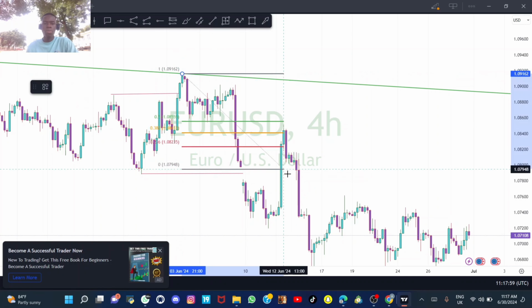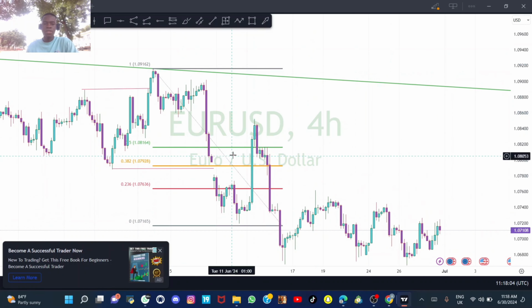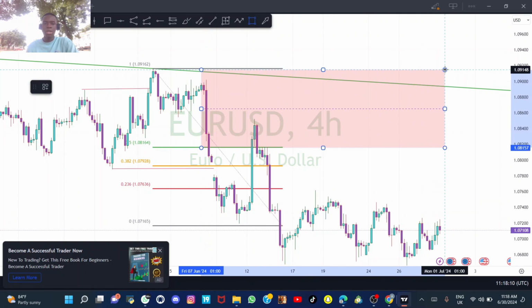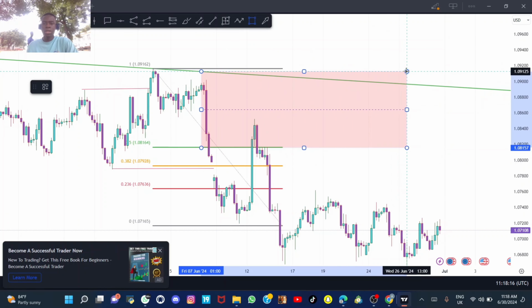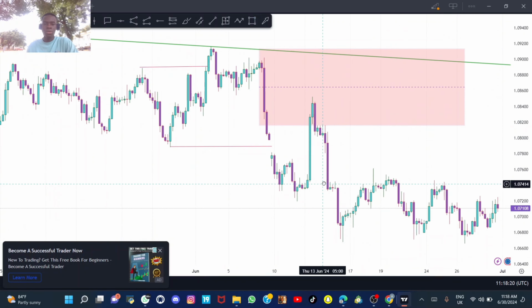Taking from the top to the bottom here, the market retraced to about 50%. So my point of interest was around the 50% retracement, from here to here.